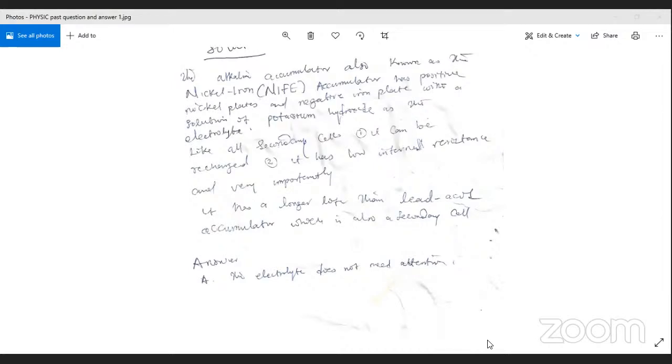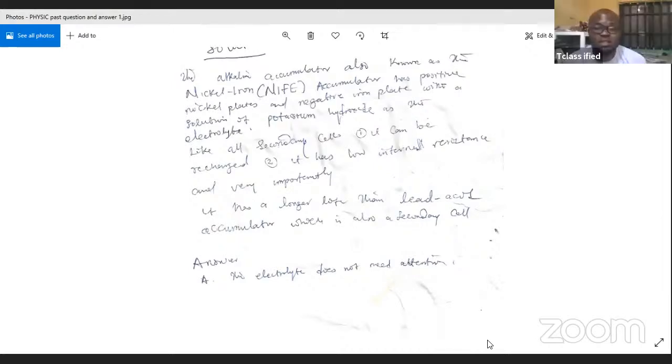Okay, I'm seeing it now. Okay, you're seeing it now. Okay, good. Now, like all secondary cells, how do you know a secondary cell? If it can be recharged, that's an advantage. Simple cells or primary cells, they are not recharged. Once they are used up, they are gone. Now, they have low internal resistance, very, very important.